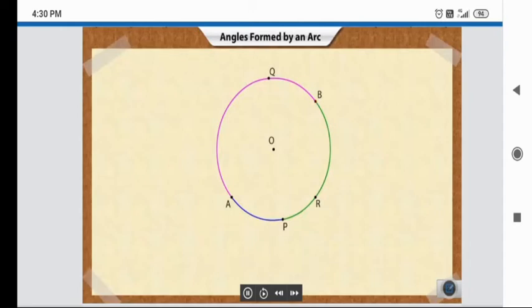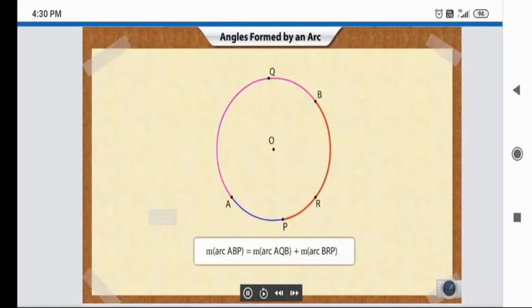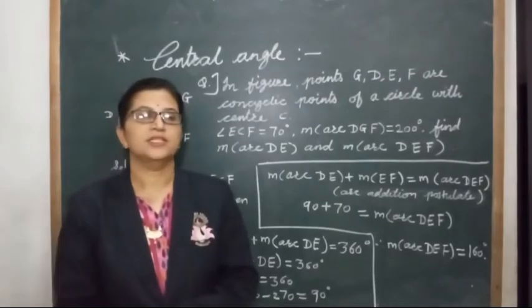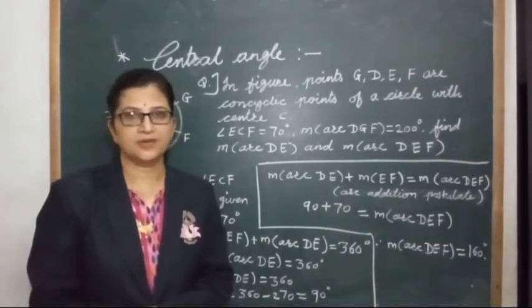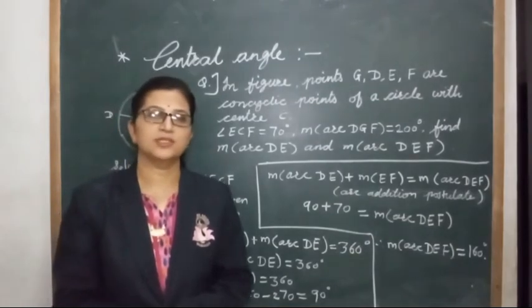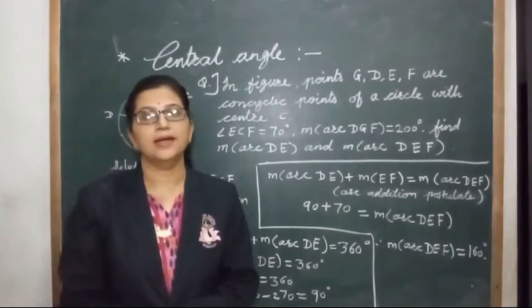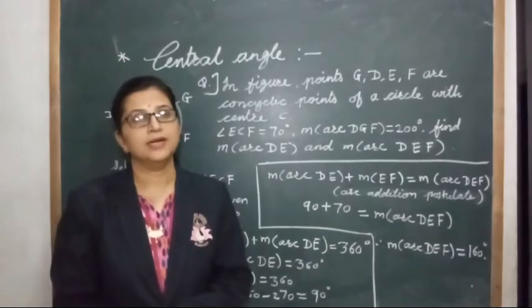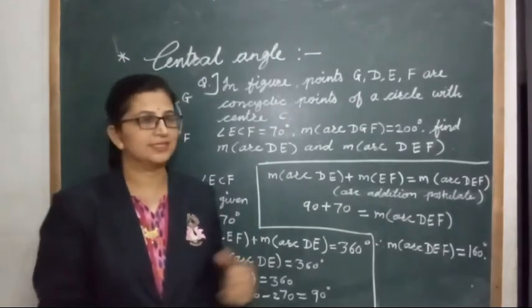So, the measure of arc ABP can be calculated by simply adding the measures of the arcs forming it, as shown. So friends, we have seen what a central angle is and what the relation is between the central angle and its intercepted arc. Let's use that to solve an example.